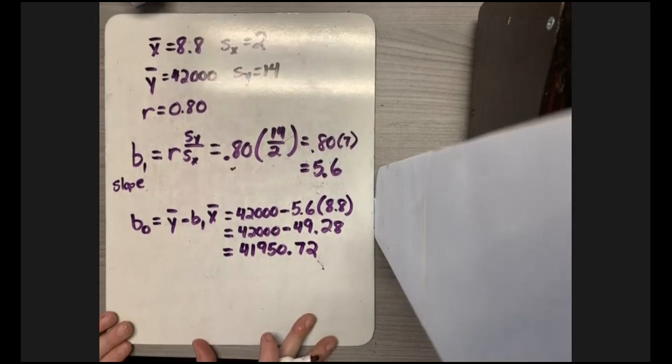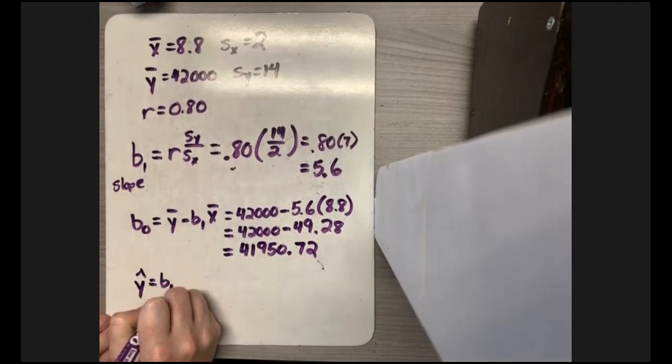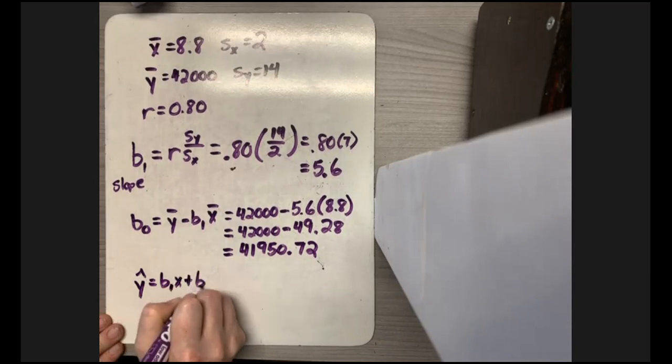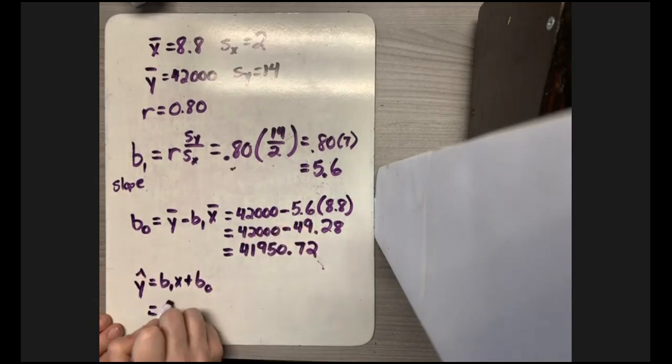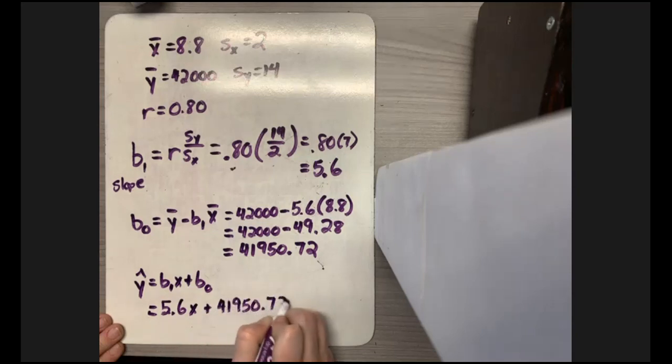So if we were going to write the equation, y hat equals b1 x plus b naught, I would have 5.6x plus 41,950.72.